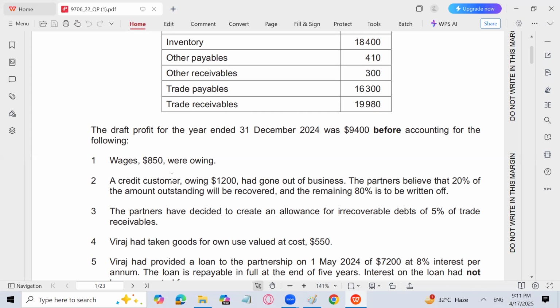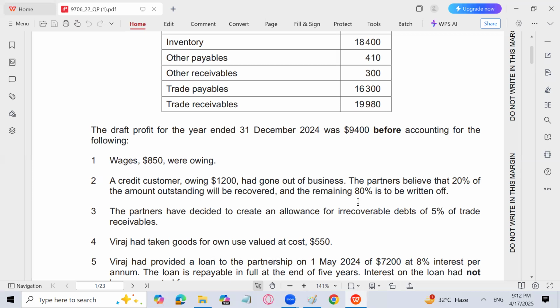So first we will subtract 1200 from the trade receivable, and then we will calculate the provision for doubtful debts on the remaining trade receivable at the rate of 5%. Sir, why are we subtracting 1200? We should subtract only the bad debts. Because 20% is recovered, and 80%, which becomes 960, has become our bad debts.